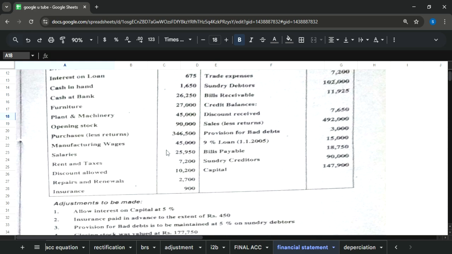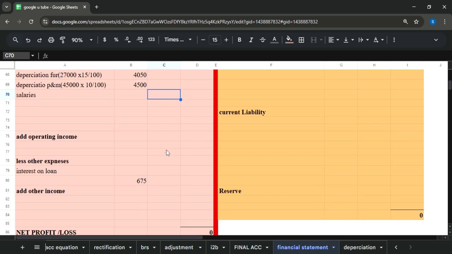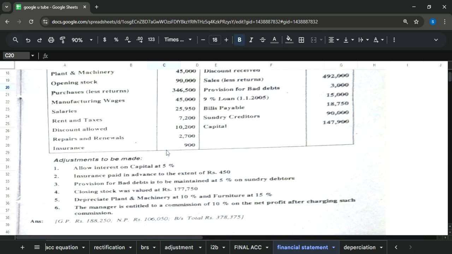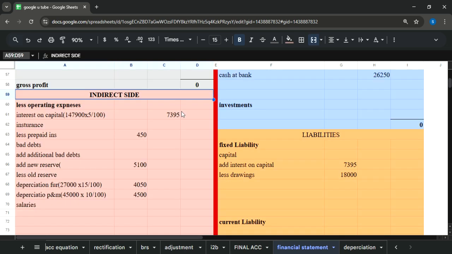All right, so where we were, manufacturing wages written. Salaries are your indirect expense, so here you will mention salaries, and the amount of salary is 25,950.